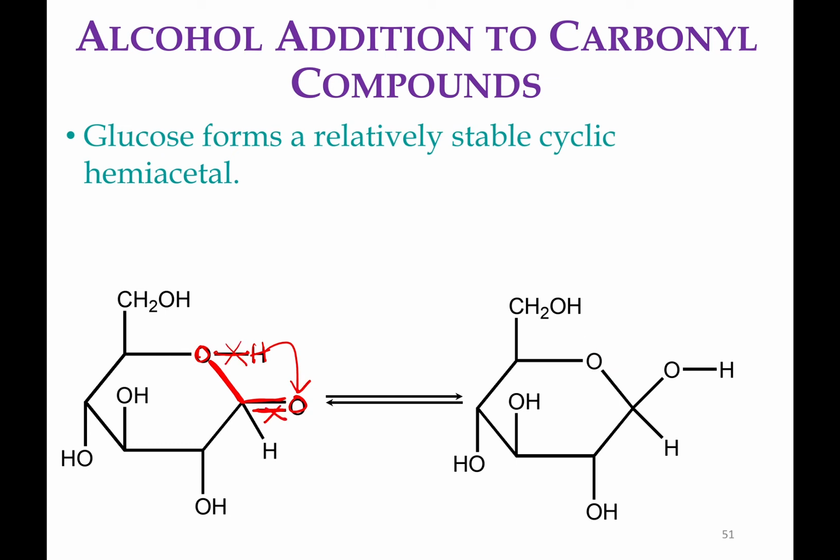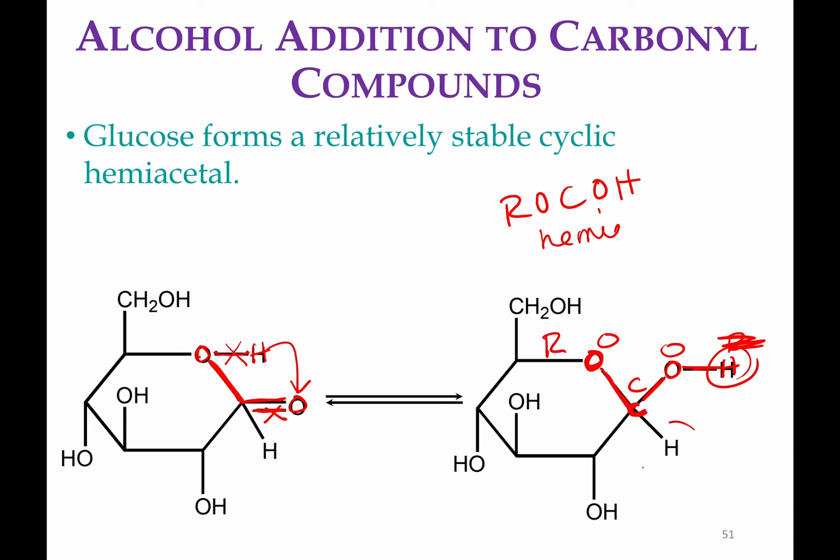So this is our, let's see here, oxygen, carbon. So we have our R, O, C, O, actually H. I wrote R, should be H in this case. Doesn't always have to be, but because it's glucose. So it's a hemi, and it has a hydrogen here, so it's an acetal.